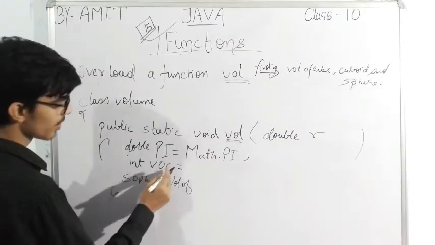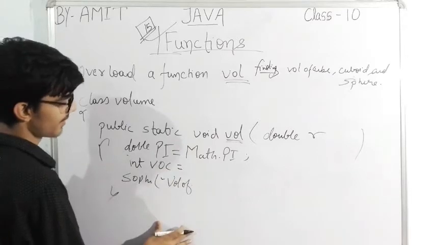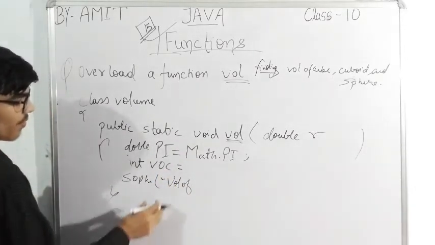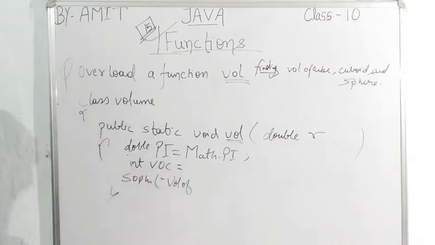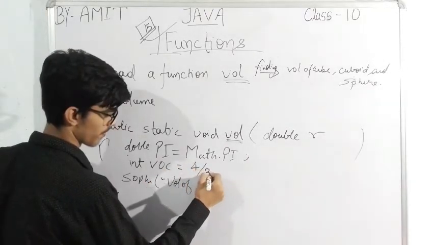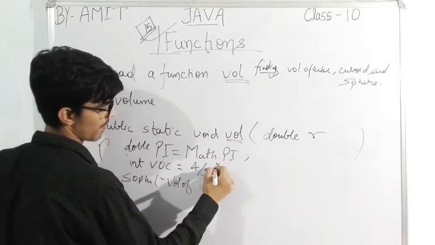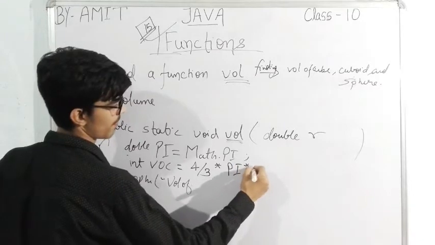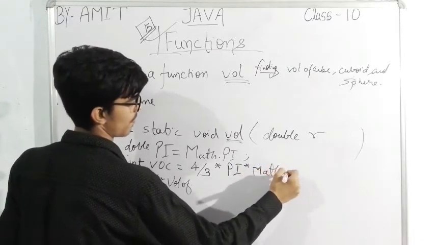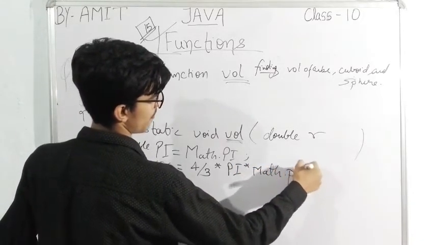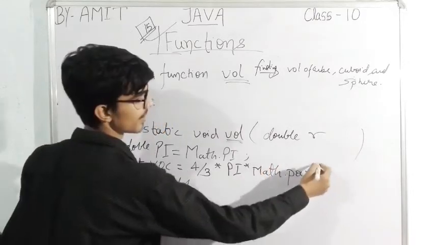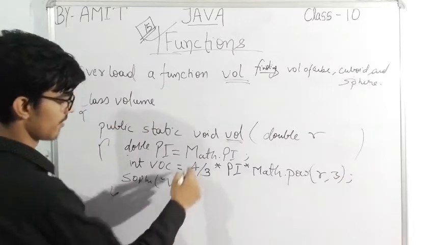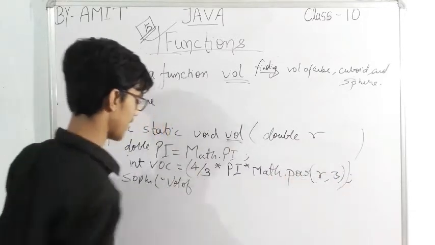We will write voc only, because that is the output. voc is equal to the volume of sphere, to the power 3, and this whole will be inside one bracket.